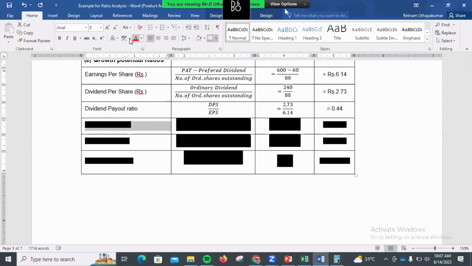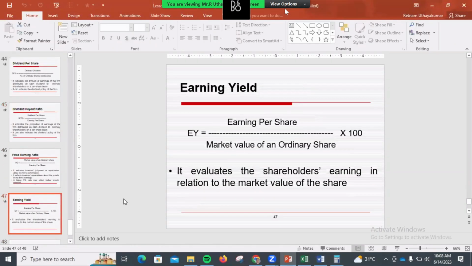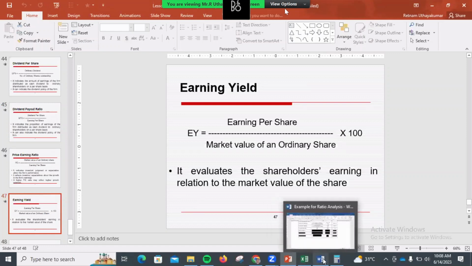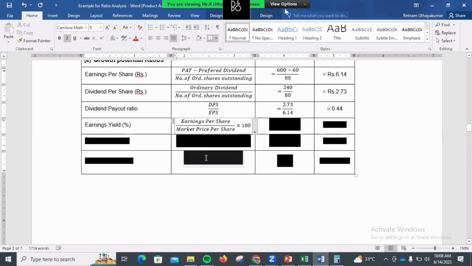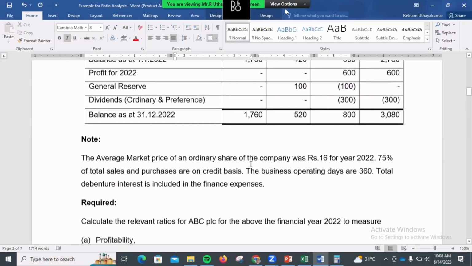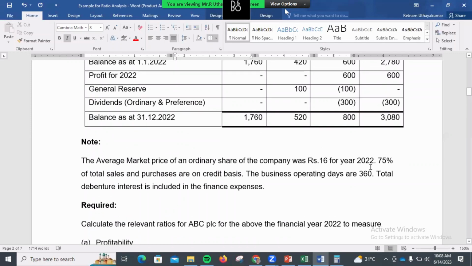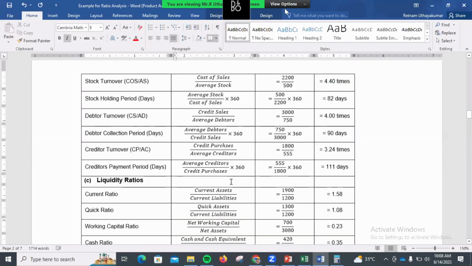Then what else can you have? Earning yield. What is earning yield? Earning yield is earnings per share over market value of an organization into 100. So the earnings per share that you calculated, and the market price per share, that is to be obtained from the other information. Not this, the market price on ordinary share, 16 for the year 2022. So you take that value.